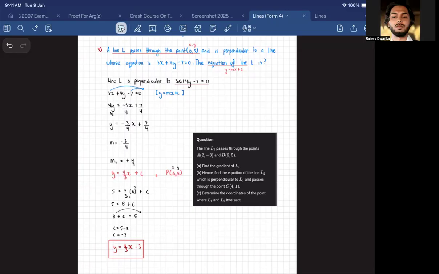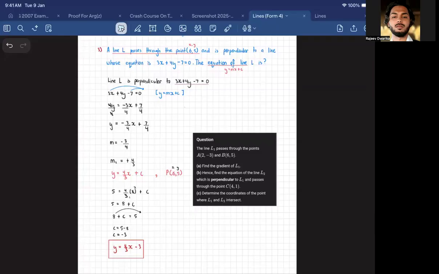What did they say at the start of the question? Read that for us. The line L passes through the points A, 2 and -3, and B, 5, 6. Okay, did they give us 2 points? Oh, yes, sir. Now I understand. I think I was overthinking it. I think so. So you have your 2 points.